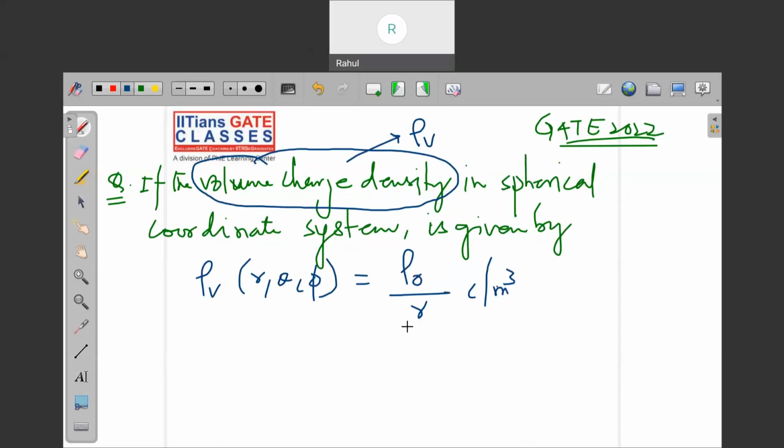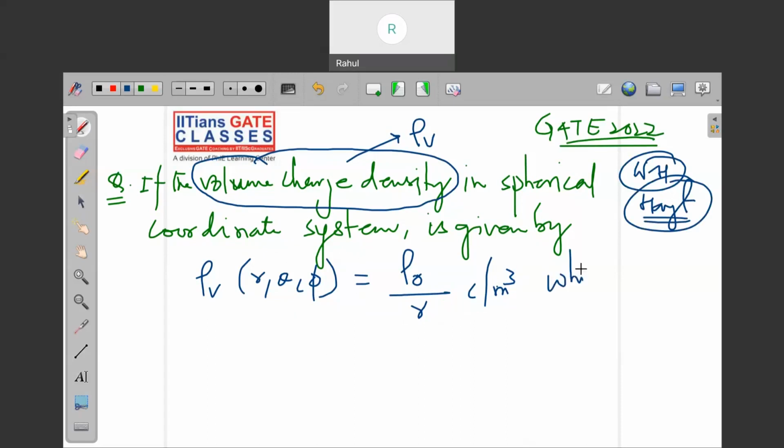If you see the problem set from W.H. Hayt, one of the very good books is W.H. Hayt, so if you refer, you will find this kind of problem. So if the volume charge density in a spherical coordinate system is given by rho v, that is rho naught by r Coulomb per meter cube, which is centered at the origin.